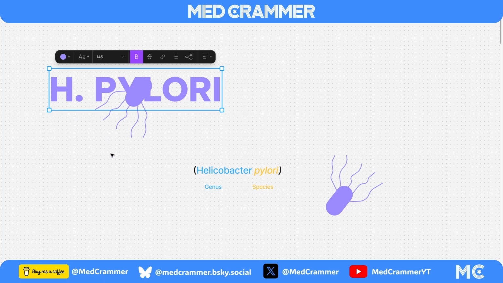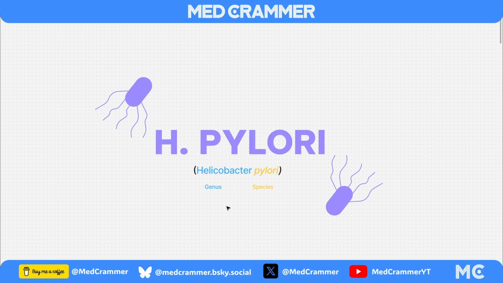Now this type of bacteria is not found in the normal flora or the microbiota of the human. So it is pathogenic to humans, which is why we study it in medicine.